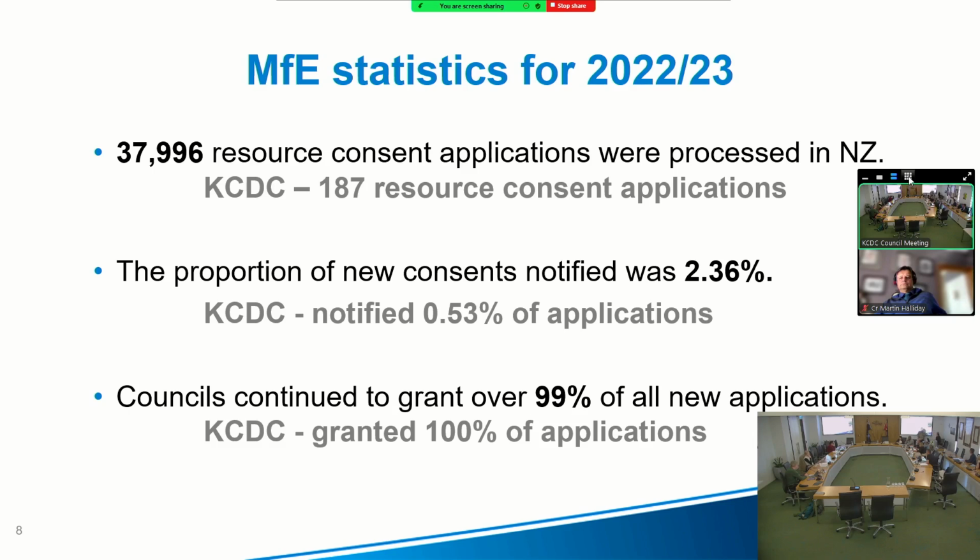The reason for that is because the fast track application process has been introduced, and a lot of the complex applications that would normally constitute public notification have been taken out of the system, and we now no longer need to publicly notify them.